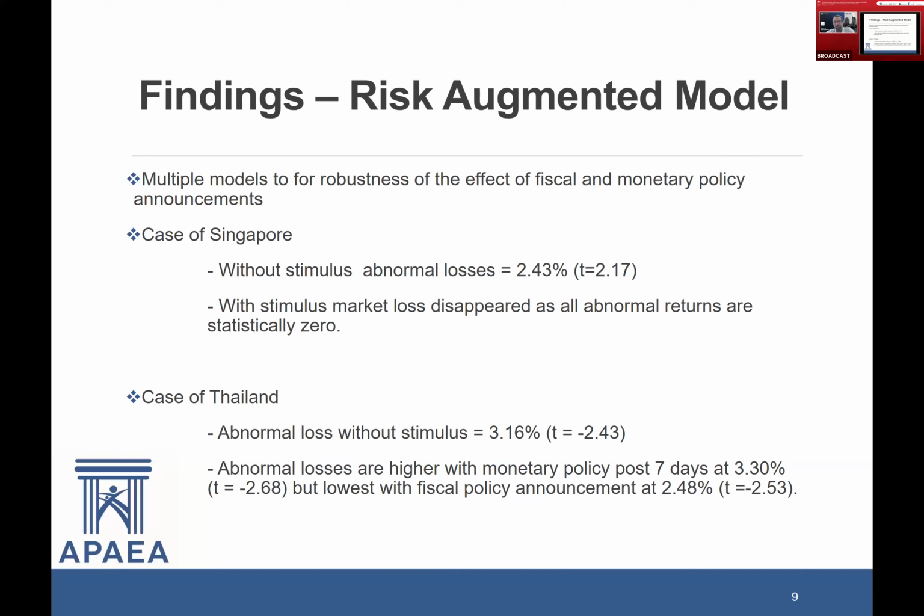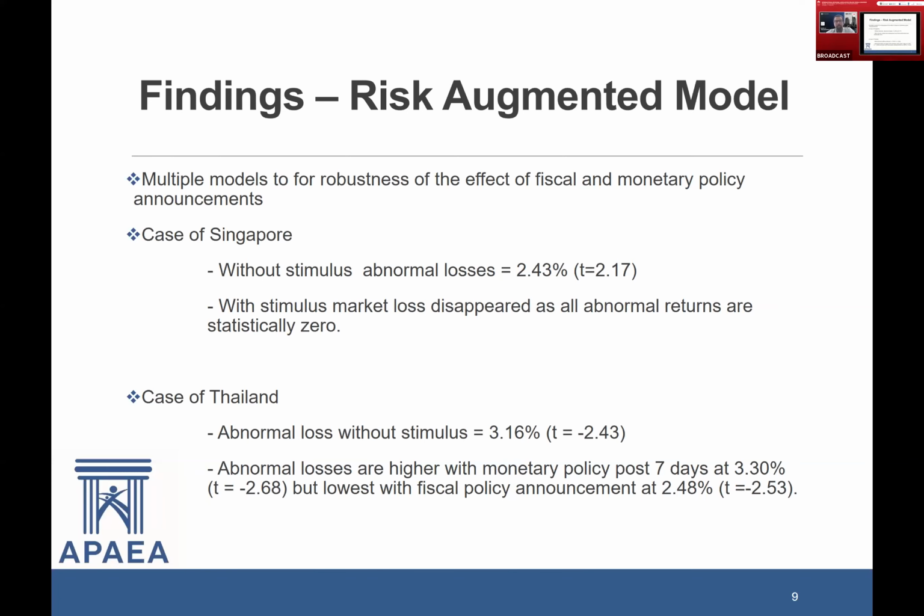In the bracket, you can see the T value. The abnormal losses are higher, interestingly, with monetary policies post 7 days. The 7 days after the announcement, they stand at 3.3%, but with the fiscal policy announcement, they are lowest at 2.48%.